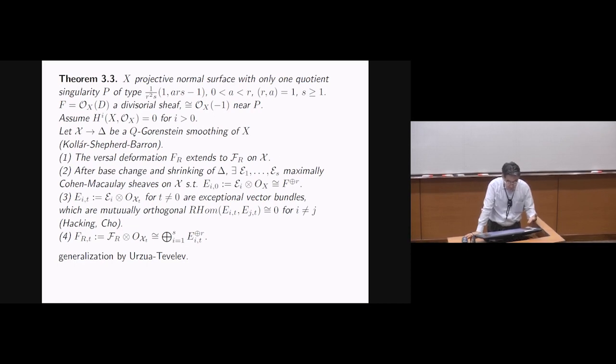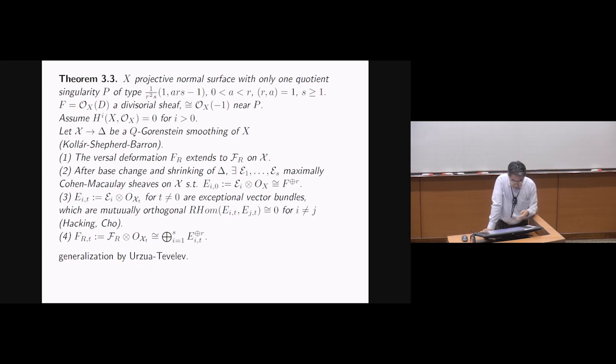Q-Gorenstein smoothing was found by Kollár and Shepherd-Barron at the early history of threefold geometry, and now Yonemura and others have developed it more. And Hacking found that when there is Q-Gorenstein smoothing, then semi-stable vector bundles appear.